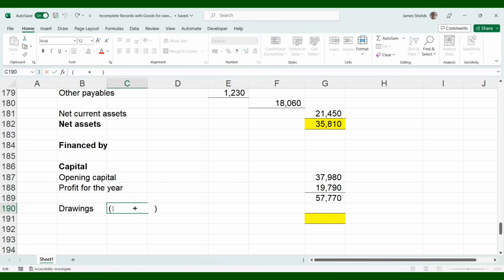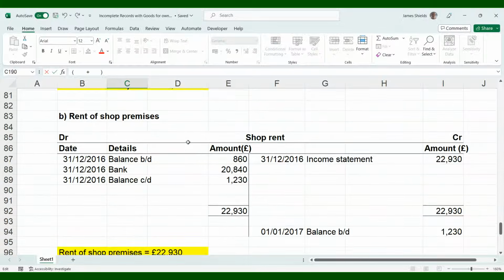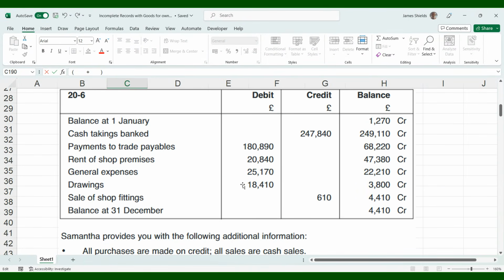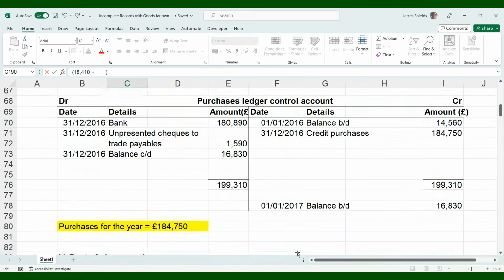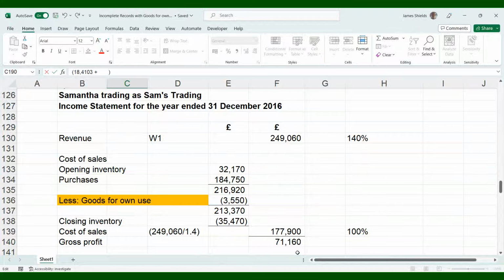Now the drawings, we go to the bank statement. There's information on the bank statement about drawings. So let's see the amount paid through the bank statement. We have £18,410. I've got to remember now, we've also got drawings of goods for own use, which were on the income statement, and they were £3,550.